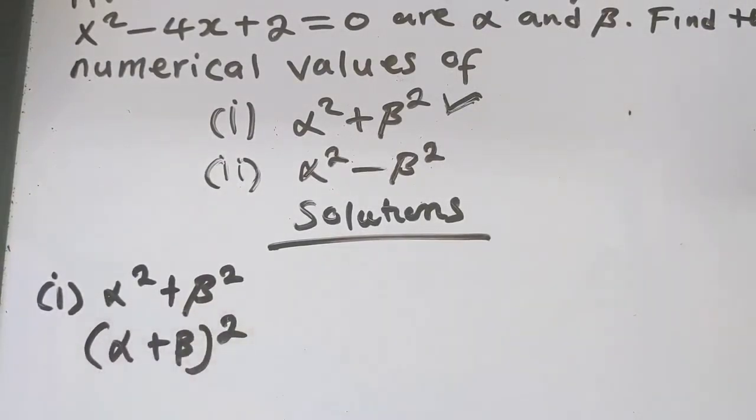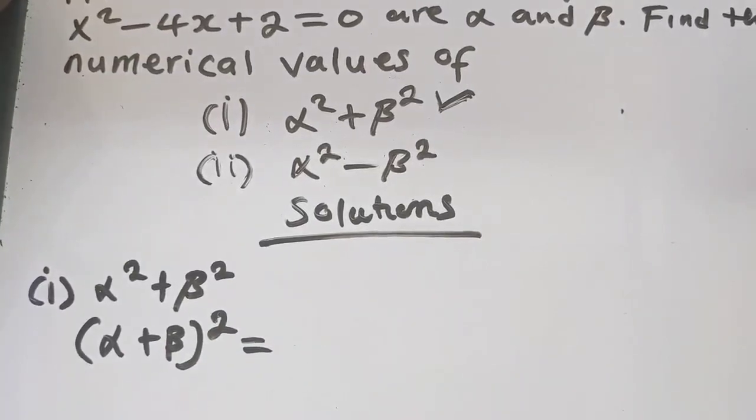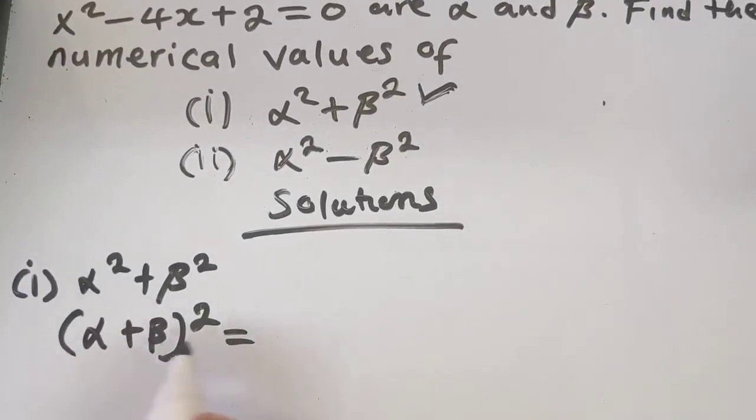This is also a square of that one. I want you to pay attention to this one. So if you want to find this one, you can actually do this, just expand this.